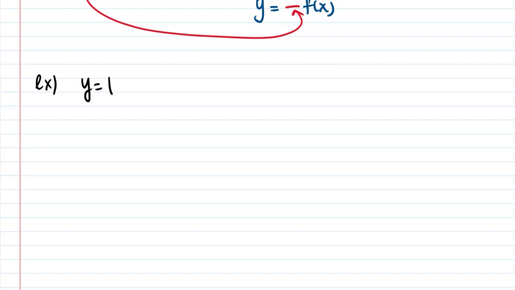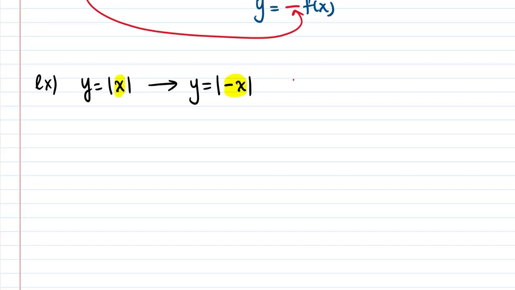Let's take a look at a few more examples. y is equal to absolute value of x, transformed to y is equal to absolute value of negative x. We're going to identify which reflection is happening. So this x becomes negative x, which means the negative sign is attached to the x, or negative is inside the function.